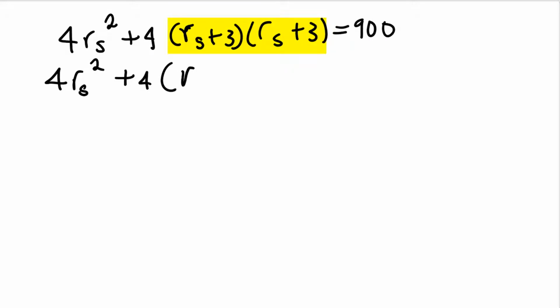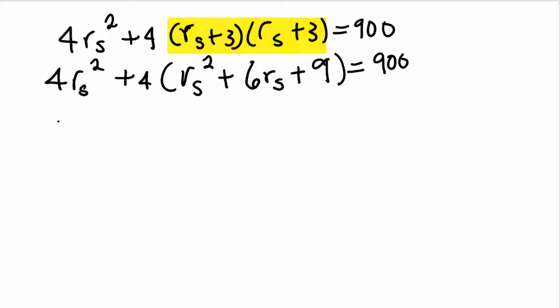First terms together is RS squared. Then you're going to plus 3 times RS on the inside and RS times 3 on the outside. So that will be 6RS plus 3 times 3 is 9. That's equal to 900.